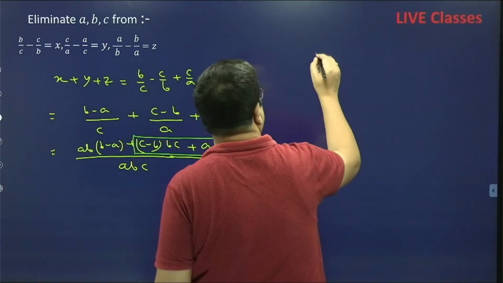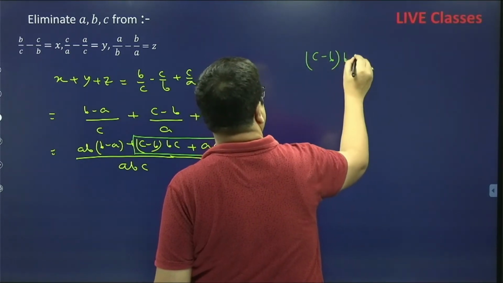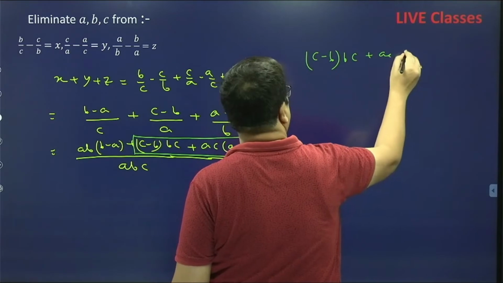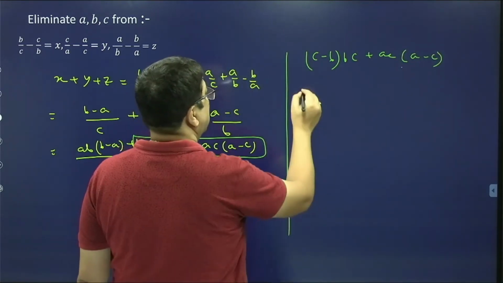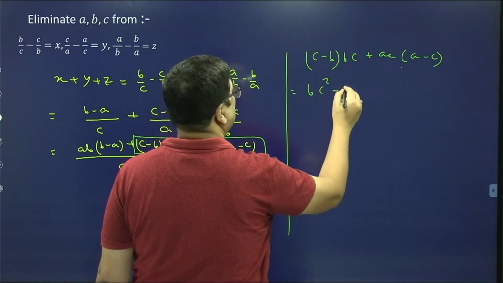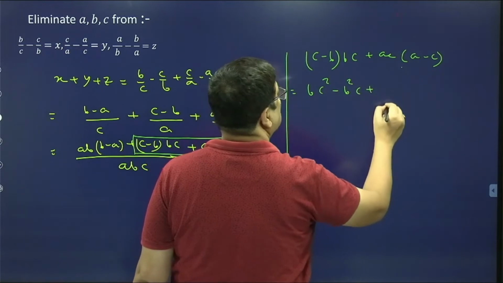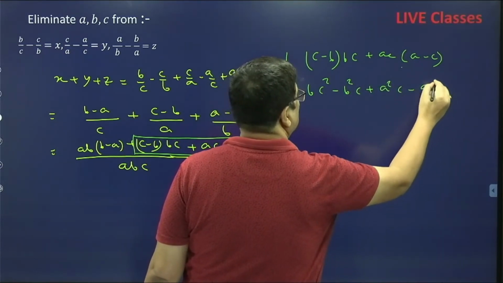So if I simplify, c minus b into bc plus ac into a minus c. Here we are getting bc square minus b square c plus a square c minus ac square.